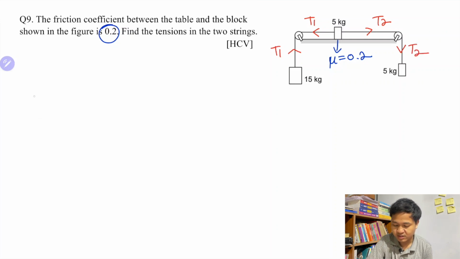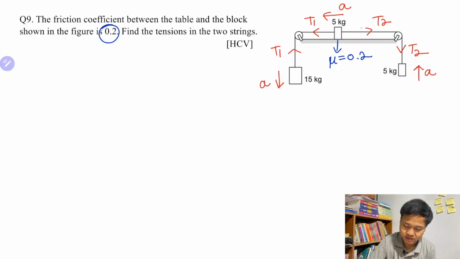Now the 5 kg and the 15 kg. So 5 kg will go up with acceleration A, or 5 kg will go with acceleration A towards the left side, and then 15 kg will go down with acceleration A. Now the sign convention. If it is horizontal, we have x and y.